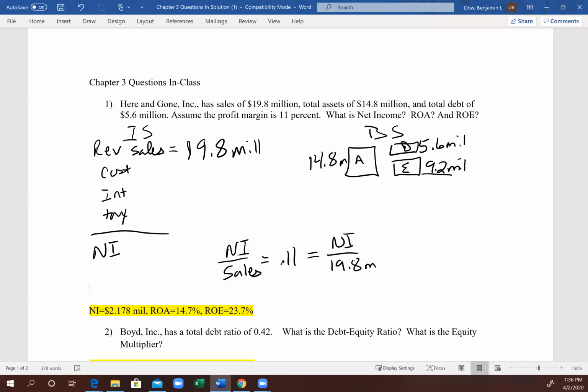Net income is equal to 0.11 times 19.8 million. It's equal to 2.178 million.